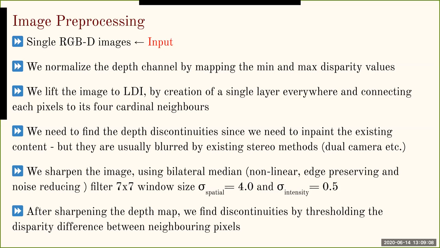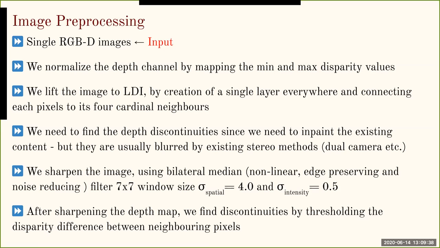So we need to sharpen it with a median filter. Using a bilateral median filter, which is a non-linear, edge-preserving filter (we can refer to Wikipedia for more), with a 7x7 window, a spatial sigma of 4.0, and an intensity sigma of 0.5. These are the hyperparameters of the bilateral median filter.